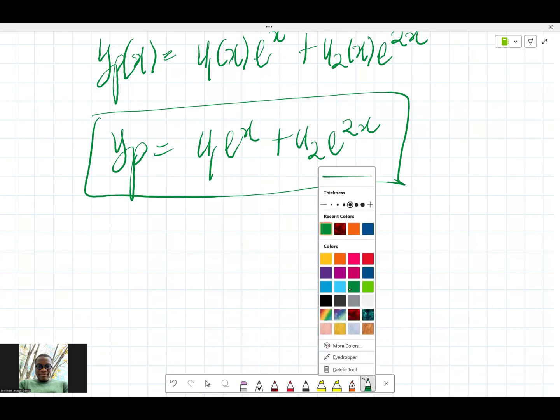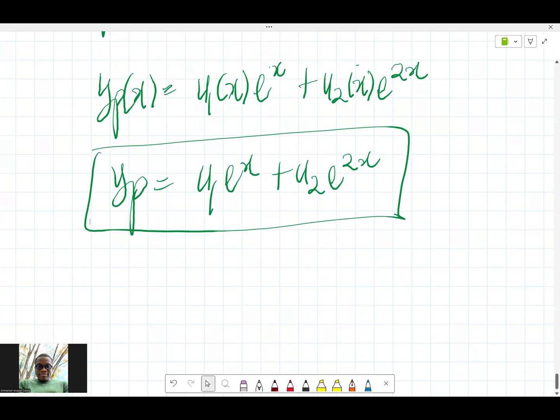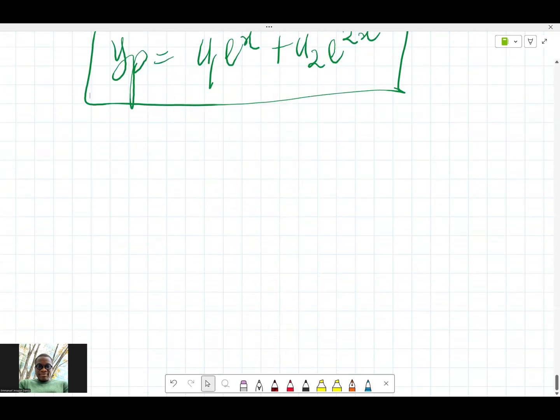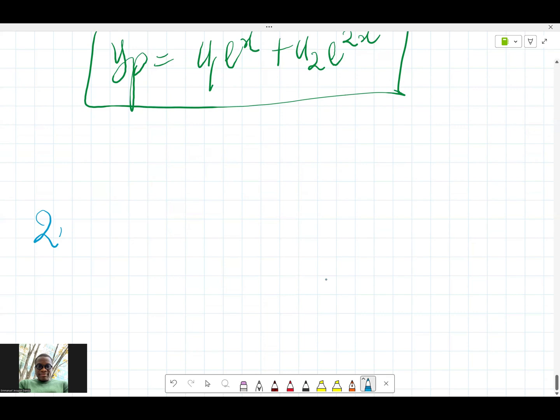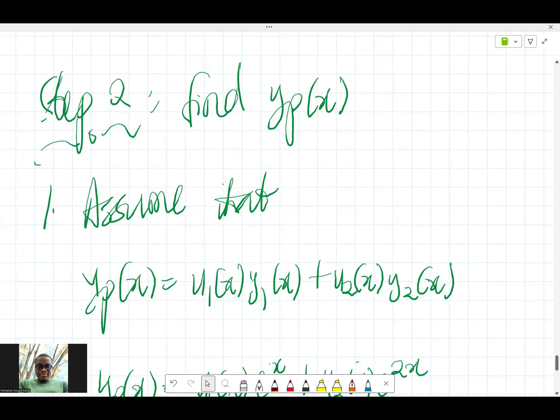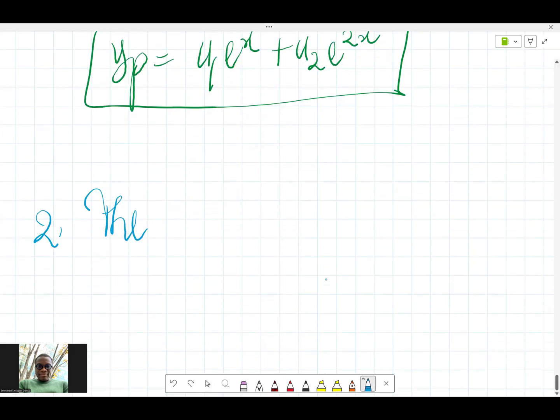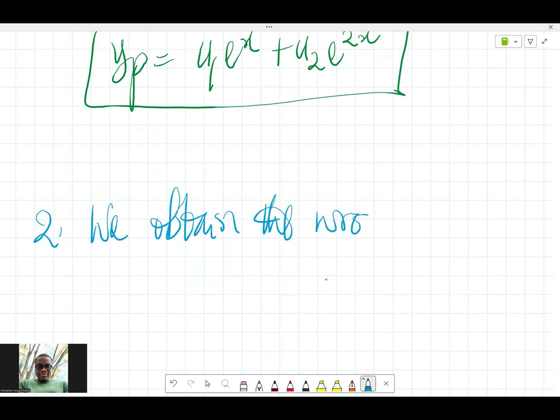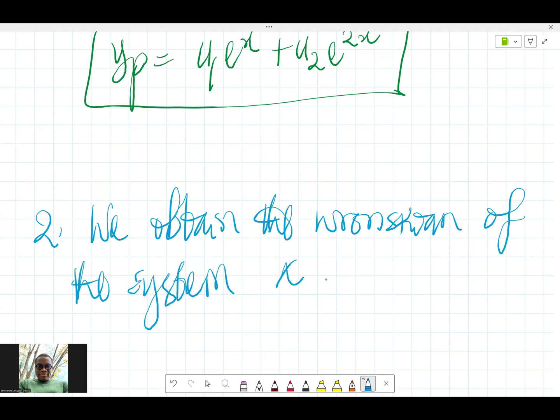Let me go with this light blue this time around. So that's step 1 there. So step 2, we can find the Wronskian. We obtain the Wronskian of the system as follows.